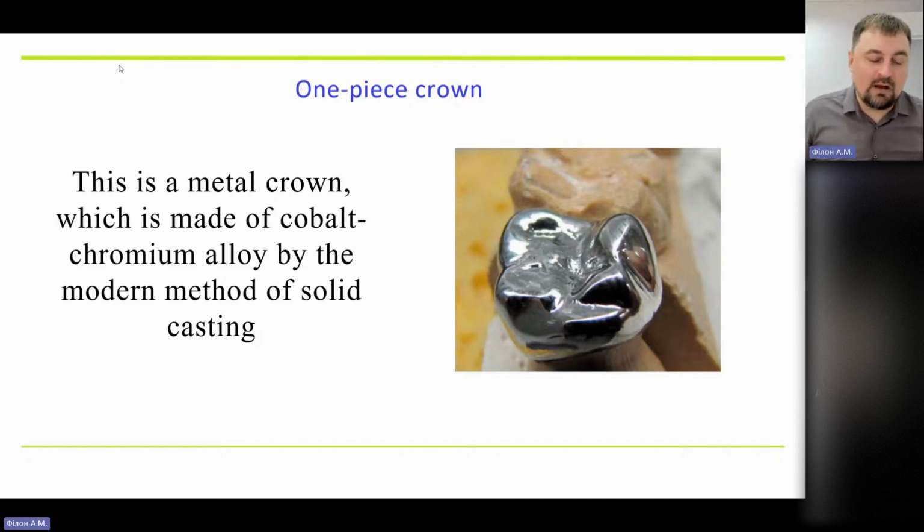And if you're talking about molars, like in the picture, if you want to rebuild clinical crowns and your composite material is going to consist of more than 50%, it always has to be covered by a crown. And this one-piece crown is not a bad method, not aesthetic, but very functional.